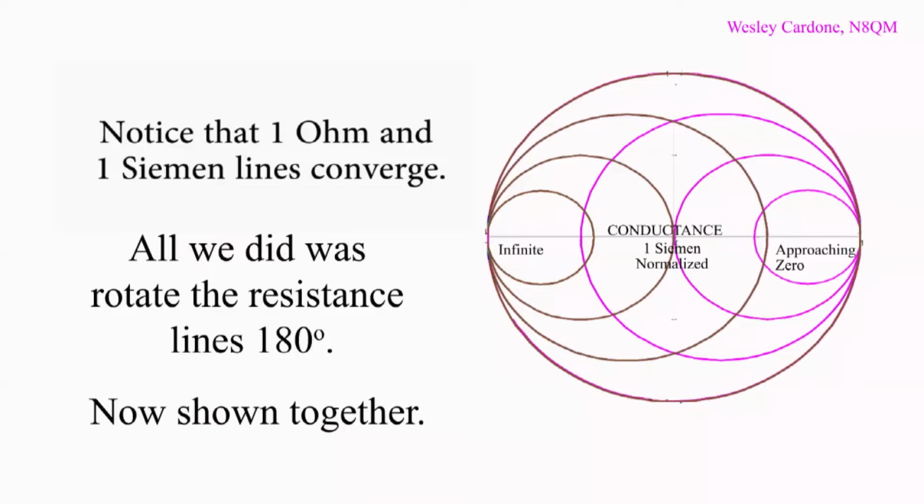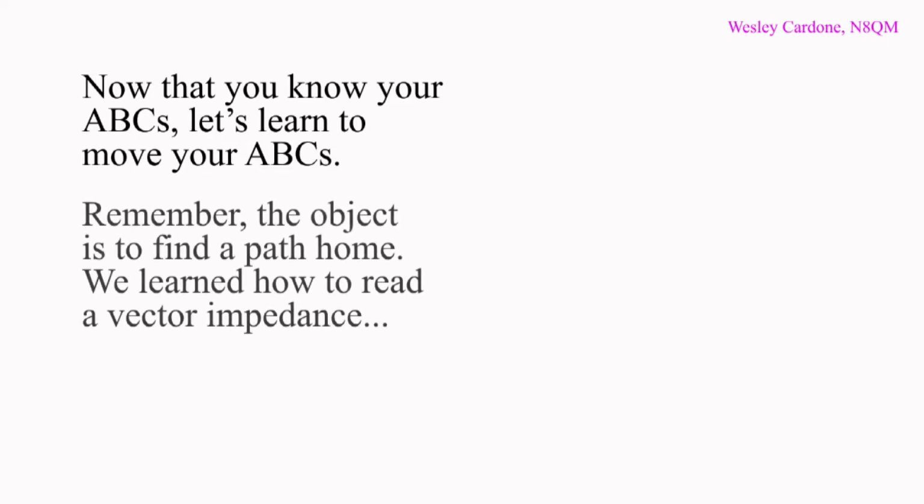You just couldn't easily identify them. You already knew that they were there. Are you ready to take this to the next level? Now that you know your ABCs of the Smith chart, let's learn how to move your ABCs.